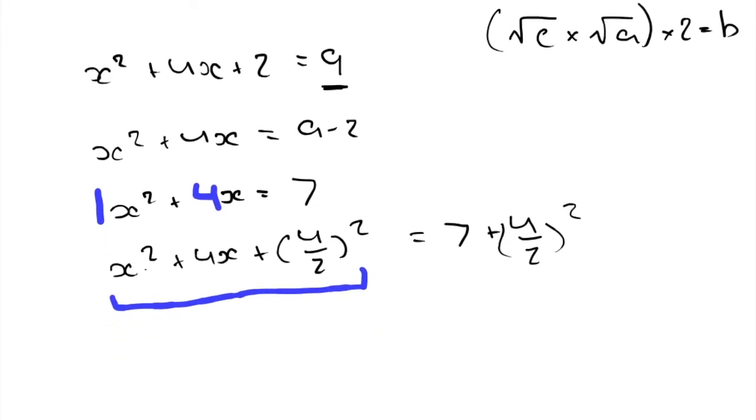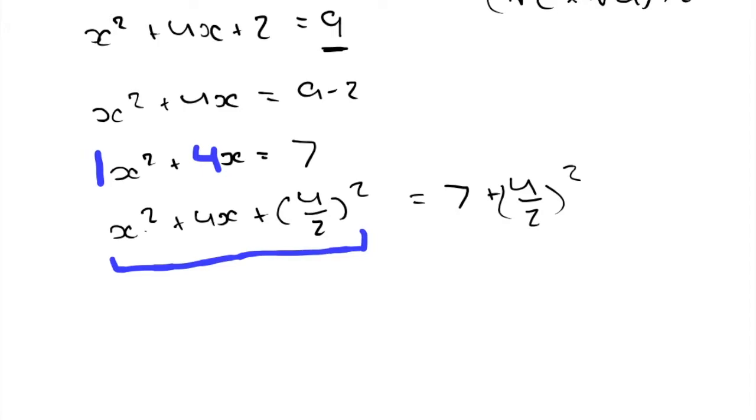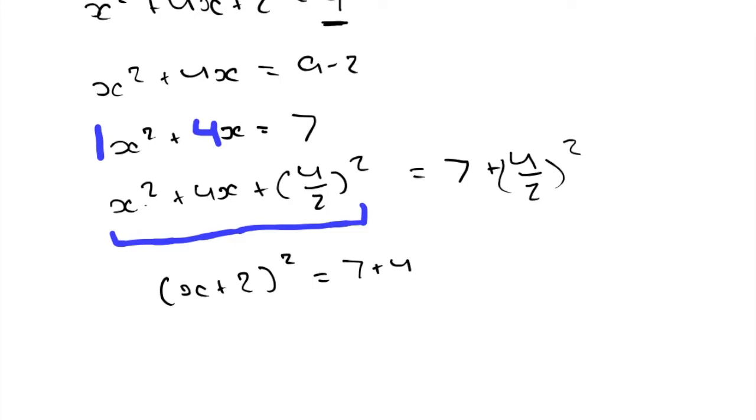Now, the left side of this equation can be factored into a very simple trinomial. It can be factored into (x plus 2) squared is equal to 7 plus 4, of course, because the right side can also be simplified. When you simplify this even further, you get (x plus 2) squared is equal to 7 plus 4, which is 11.